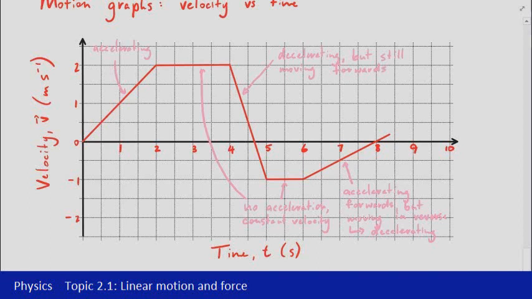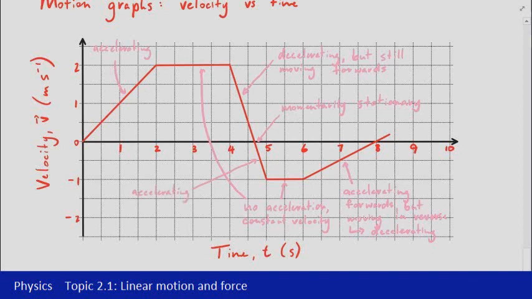The next point that's particularly worthy of note is this one here, where the object would momentarily be stationary. So for a brief instant in time, it comes to a stop. And finally, the last one to consider is this little section underneath. Here we would look at this as actually being an acceleration rather than a deceleration now, because it's come to a stop.